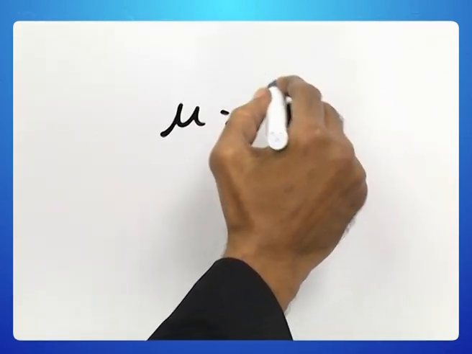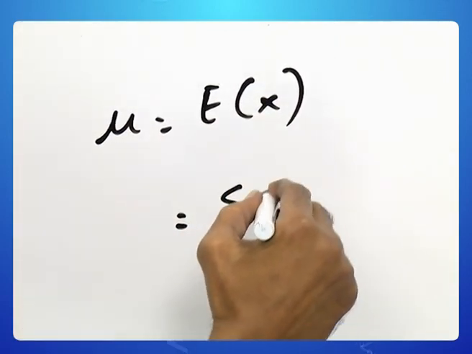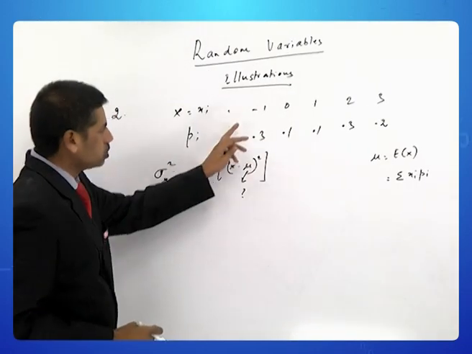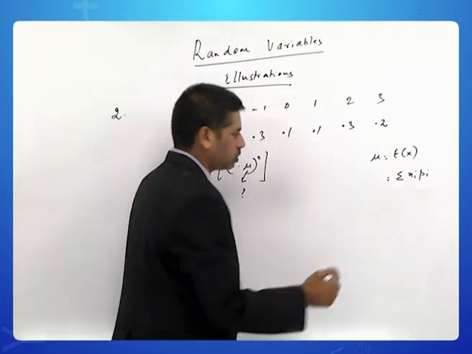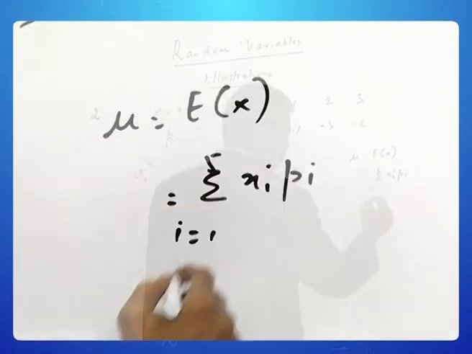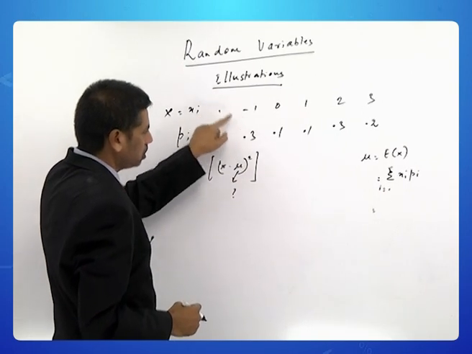How do you calculate the mean? It is the expectation. And how do you calculate expectation? Summation xi into pi, where i takes values 1, 2, 3, 4, 5. So it is the sum of the products of these two.